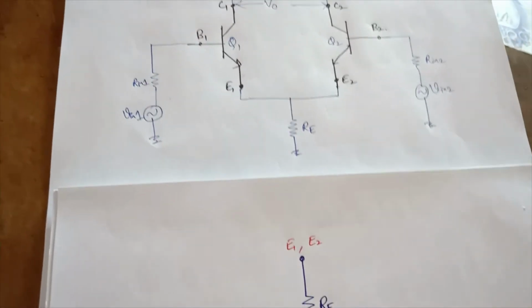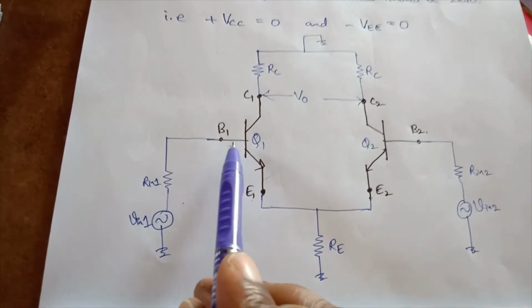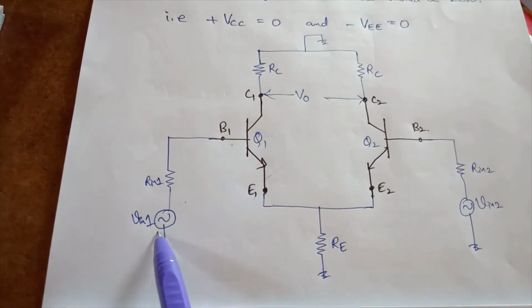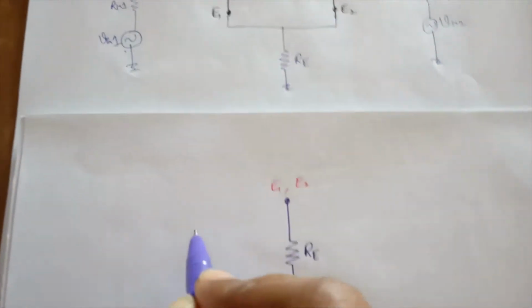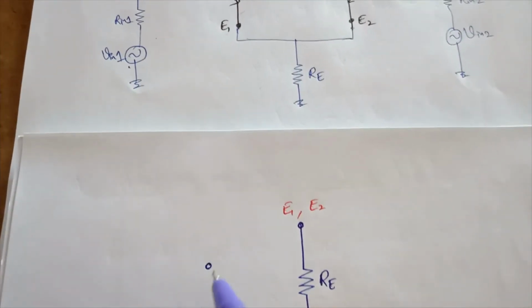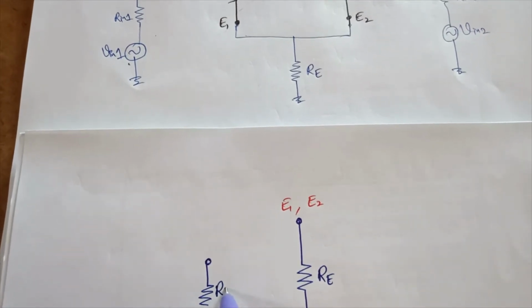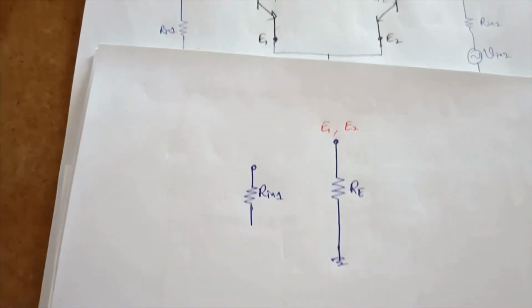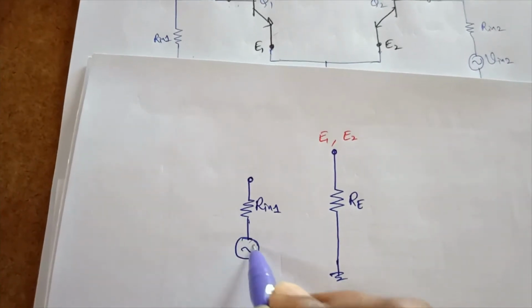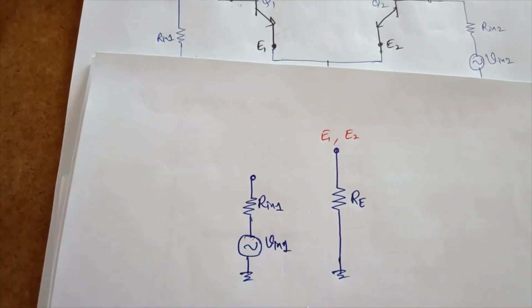Now what is the second terminal? Base. For base 1 we are connecting the input IN1. So I consider the base terminal here, and I connect R in 1 and V in 1, then make it ground.